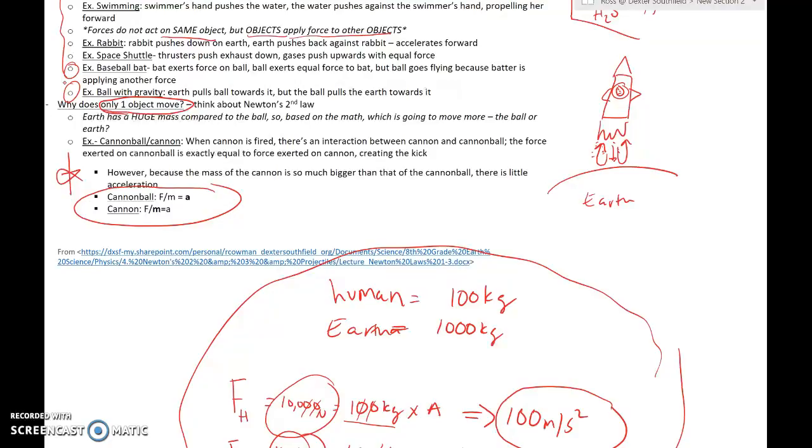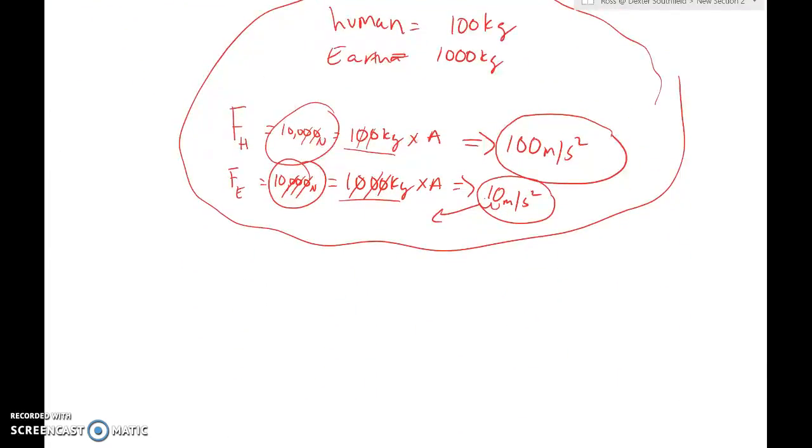There's a couple other examples with a baseball bat and a ball, with gravity, but what we have to remember is that there are always 2 objects. So if we were going to draw this out, we have object 1 with some mass, 10 kilograms, and it pushes down with 100 newtons of force onto object 2, which has 1,000 kilograms, which is also going to push back with 100 newtons of force.